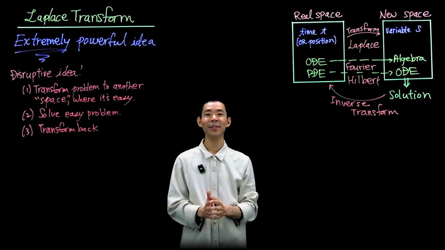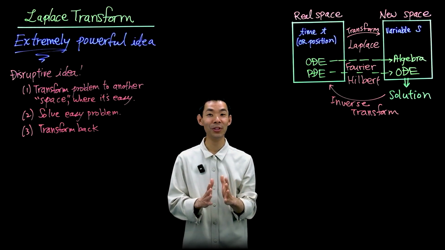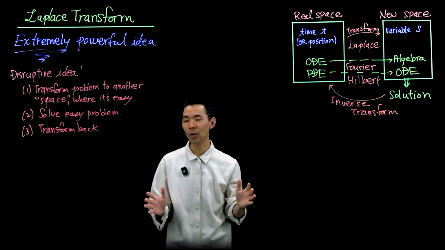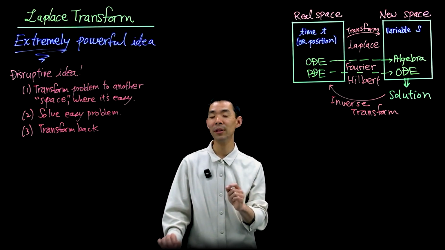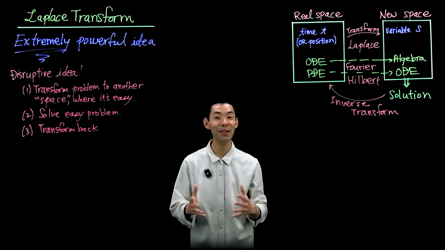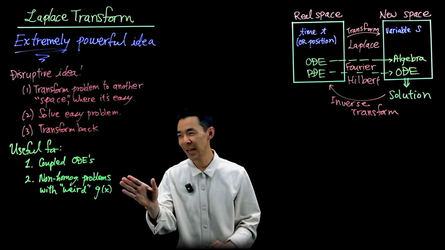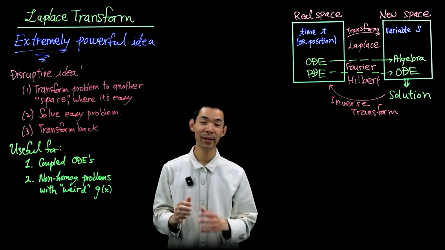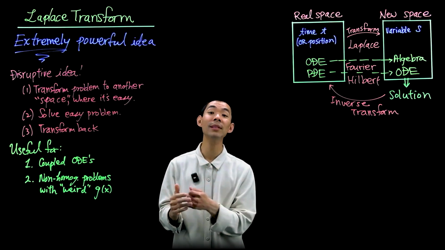All right. So there are a couple of different ways in which Laplace transforms are very useful. And it's used across all areas of science and engineering. But let me just jot down a couple of ways in which it is specifically useful for solving many engineering applications. It is useful, for example, for solving coupled or a system of ordinary differential equations. In science and engineering, it is so common to have a system of equations.